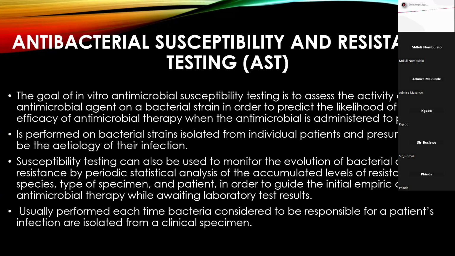So AST refers to the testing done to assess one organism: is it resistant or is it susceptible? It's done in vitro, outside the body, to assess certain antibiotics and predict whether they are effective in vivo or not.